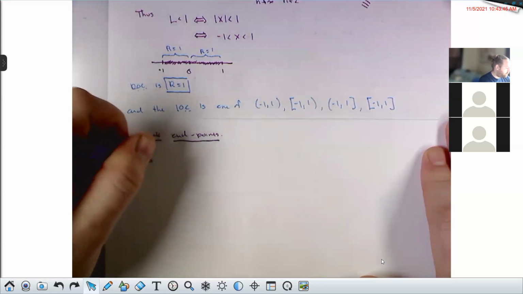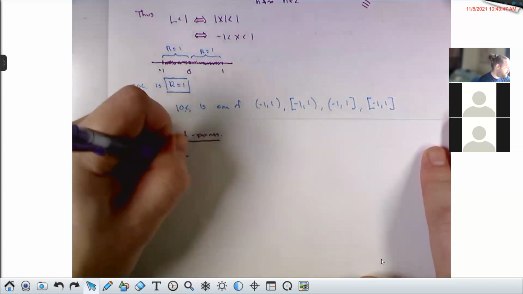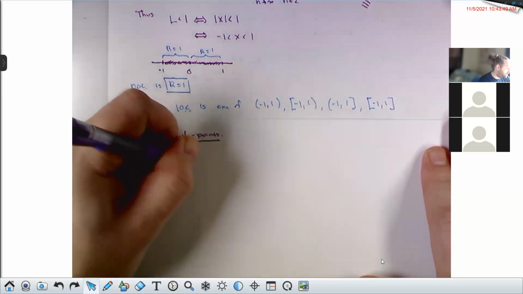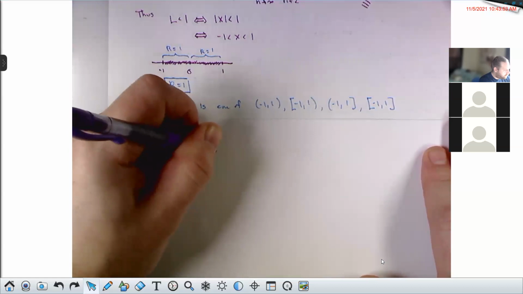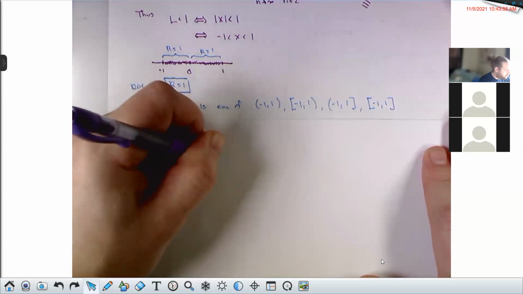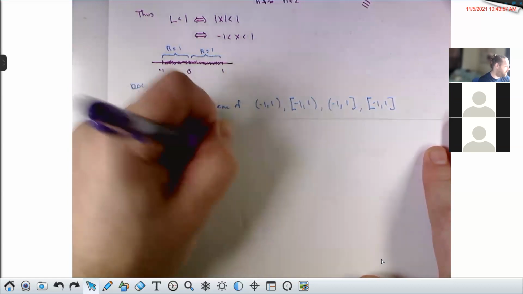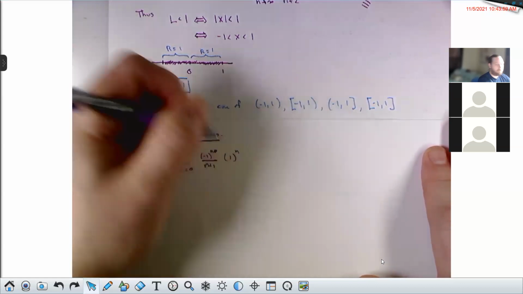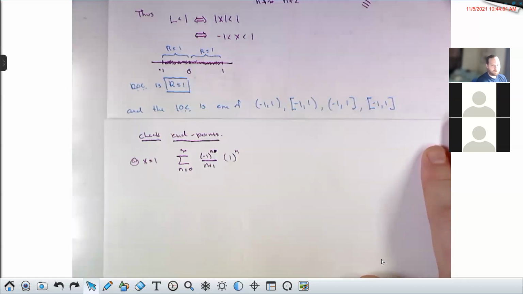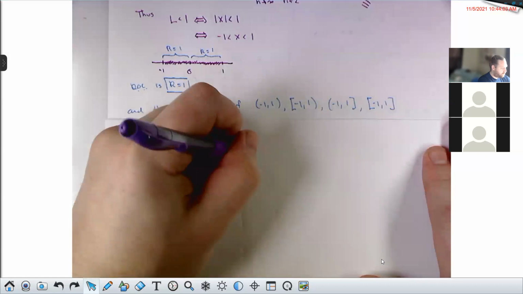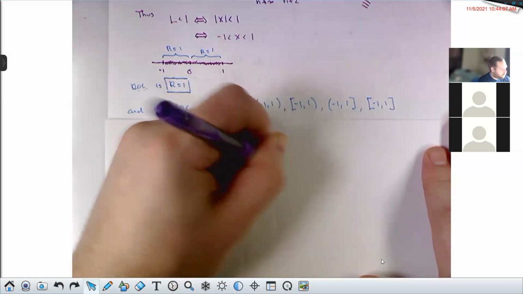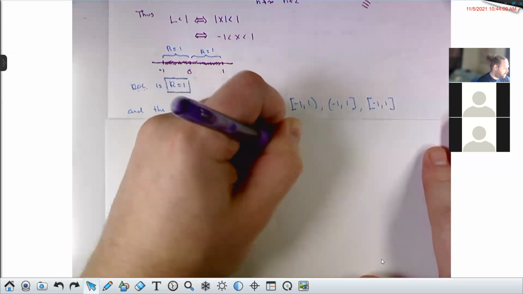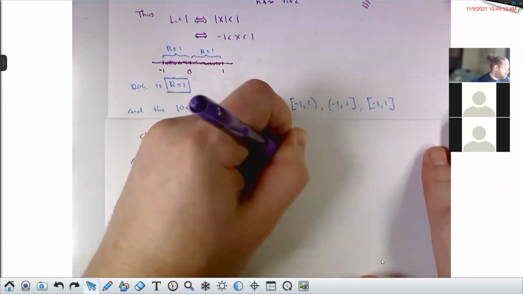At x equals 1, my series becomes sigma n from 0 to infinity, -1 to the n divided by n plus 1 times 1 to the n. 1 to the n is just 1. So this is sigma n from 0 to infinity, -1 to the n over n plus 1.